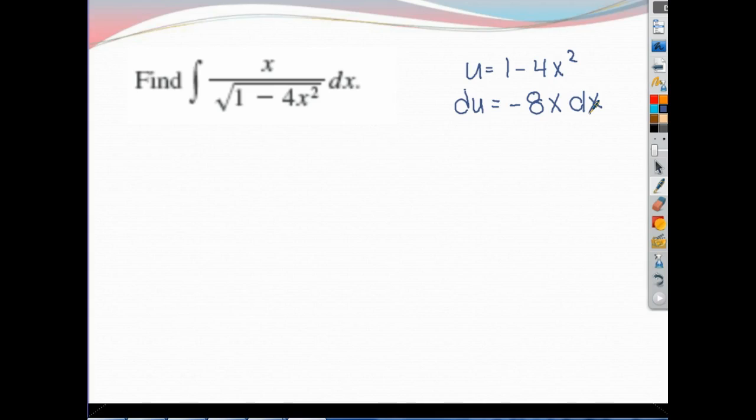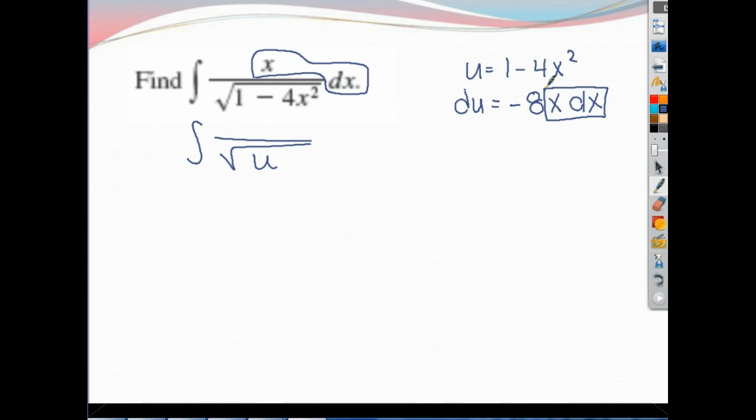If I plug my u into the base, what x's am I left with? Yeah, I'm left with this, right? So that's what I need to substitute out. I need to use this x and dx to substitute out this x and dx.